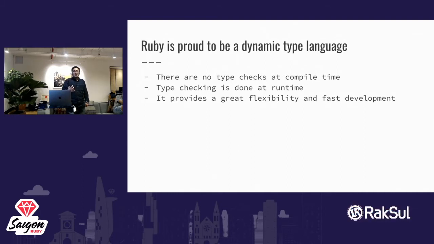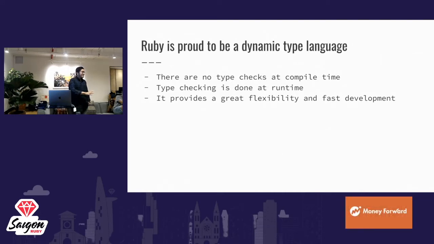What does it mean? It means there are no type checks at compile time. You can throw any variables anytime in Ruby, and it still just works. It works means that it can run, but it doesn't mean that it will produce the right results. But at the first stage of a product, it's not very important to check for errors.